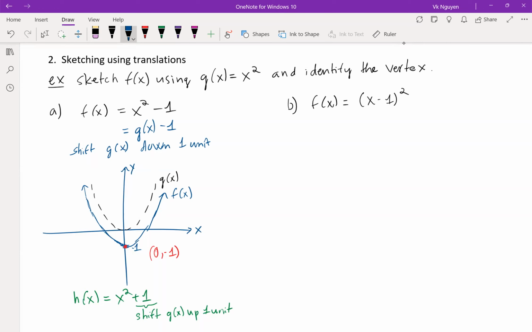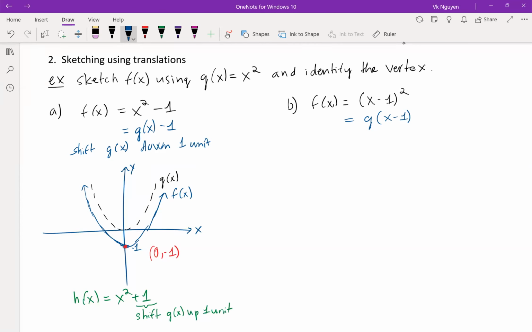B, f(x) = (x minus 1) squared. It is the same as g of (x minus 1). What we need to do is figure out the x-intercept.